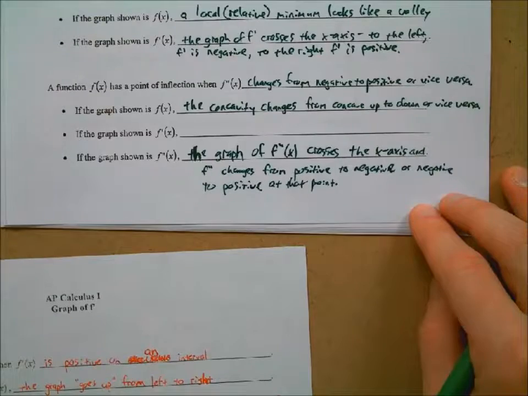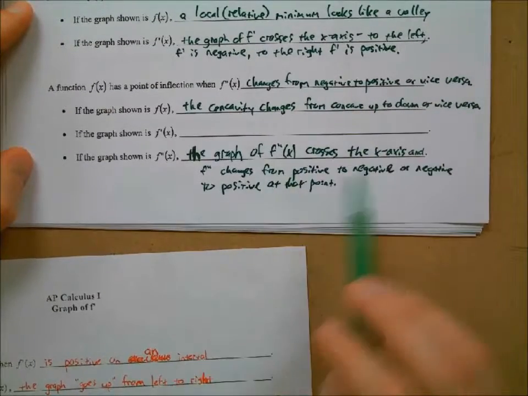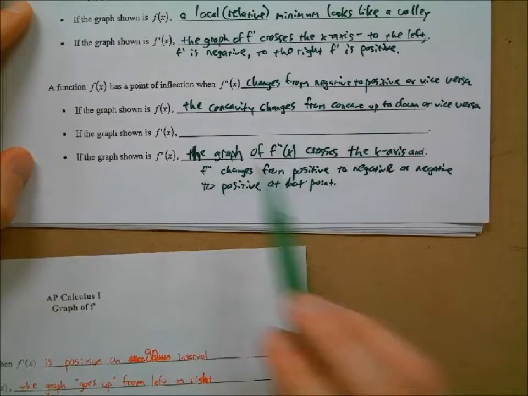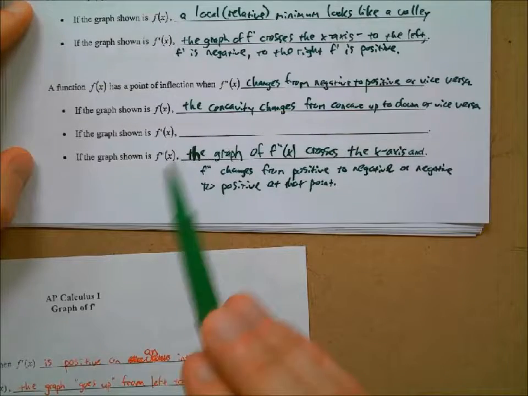That's what we do, right? Second derivative equal to 0, and see where the second derivative changes from positive to negative or negative to positive at that point.